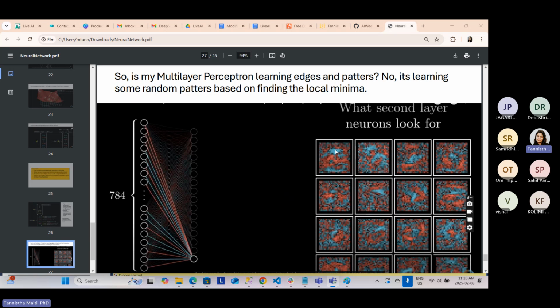Then after a few passes of training, when you get the values of all the weights and try to plot them, you will see that the positives and negatives take some kind of random patterns.